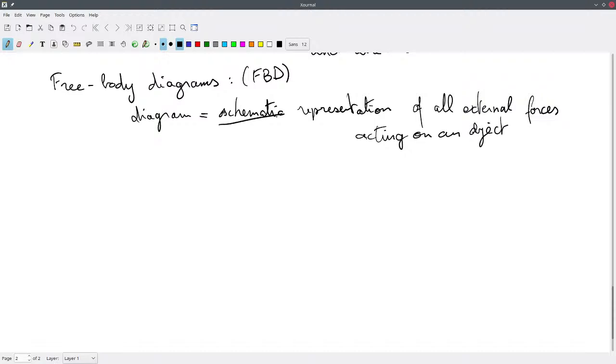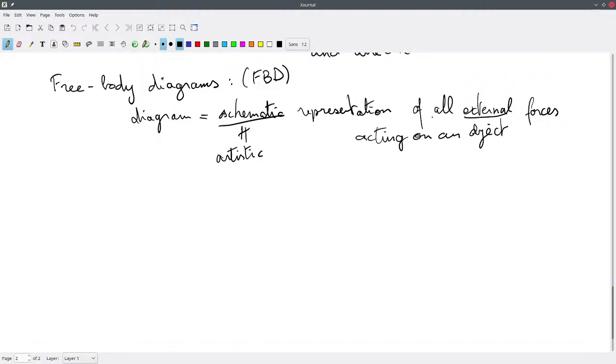I will underline schematic. That is different from artistic. So a free body diagram does not have to accurately represent in a photorealistic way how the situation looks. It has to be a schematic representation. I'm going to underline all and external forces.